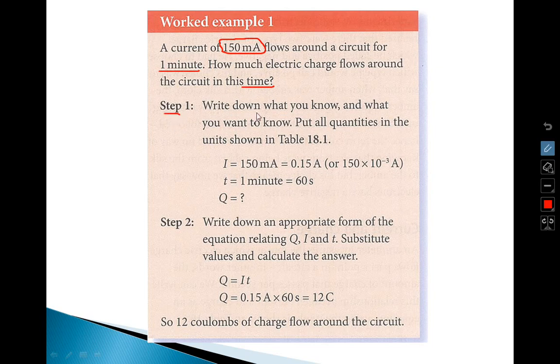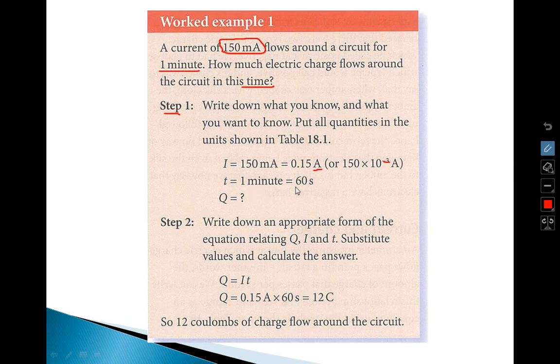Step 1, write down what you know. I is equal to 150 milliampere, which is 0.15 ampere. We need to convert it to ampere, or 150 times 10 to the power of minus 3. Time is 1 minute. These things are given in the question.